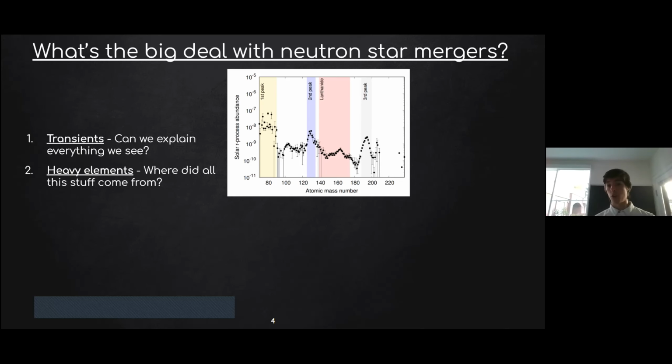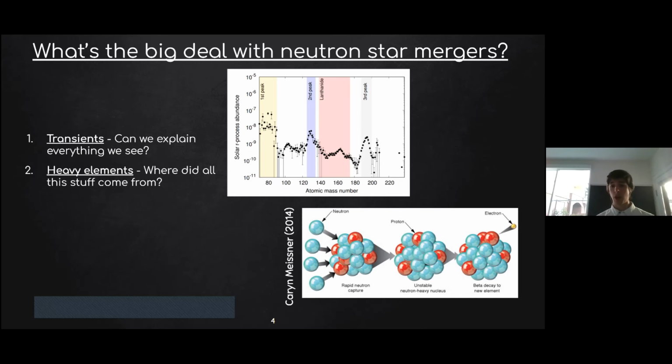It's known that you can create these elements if you have a huge number of neutrons. The idea being that if you have some seed nucleus that's sitting in this dense bath of neutrons, the seed nucleus is going to get riddled with neutrons faster than it can decay. And so you end up with this very large, very neutron-rich atomic nucleus, which eventually decays back down.